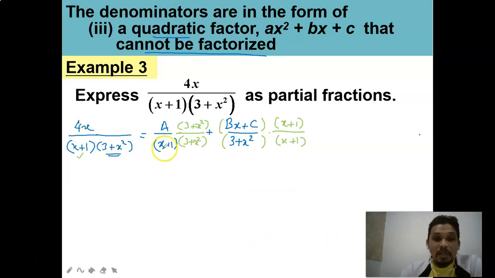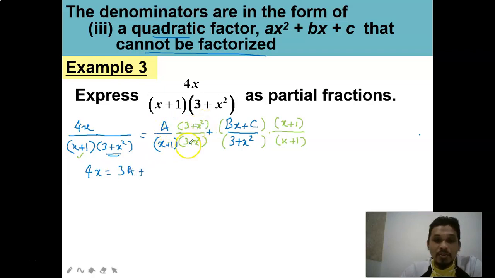Now for these two, the denominators, one here and another one here, are equal. So we may now just compare the numerators of 4x. A times 3 equals 3A.